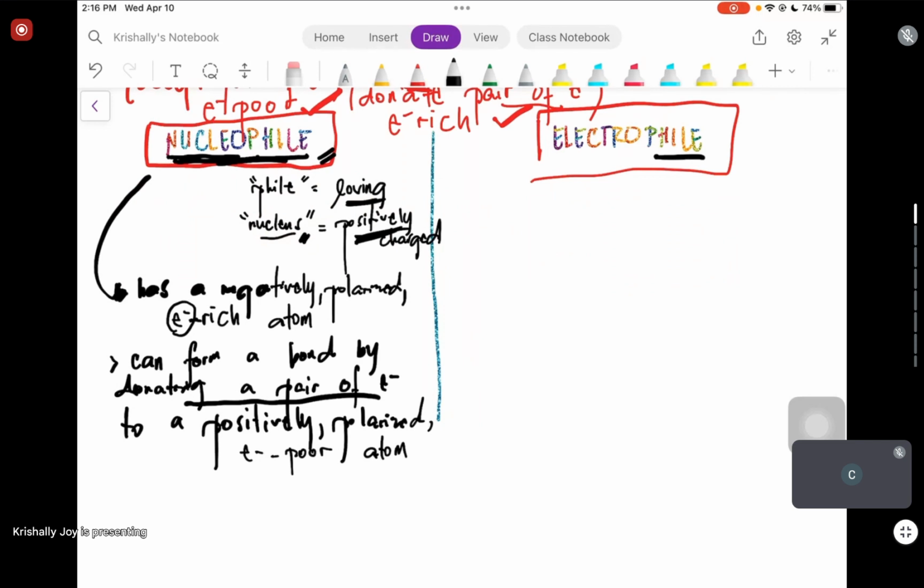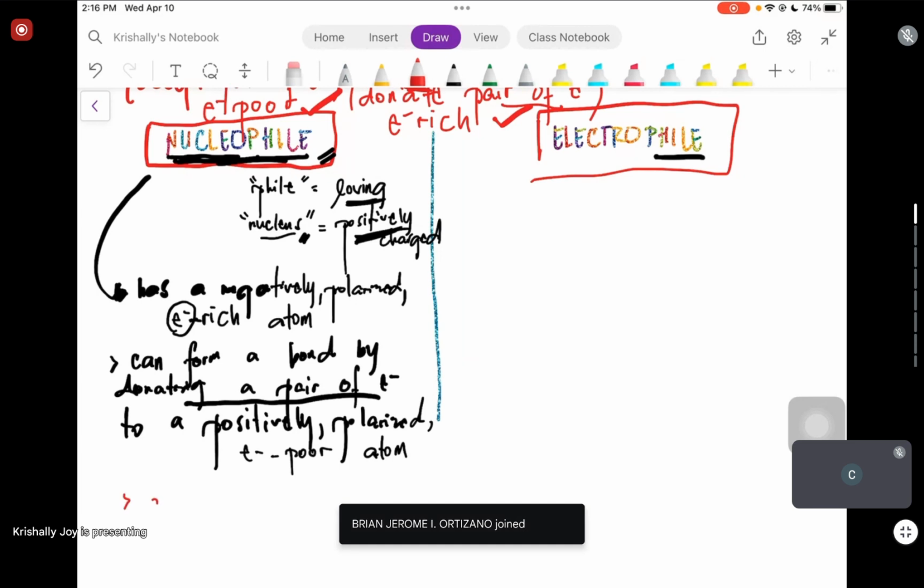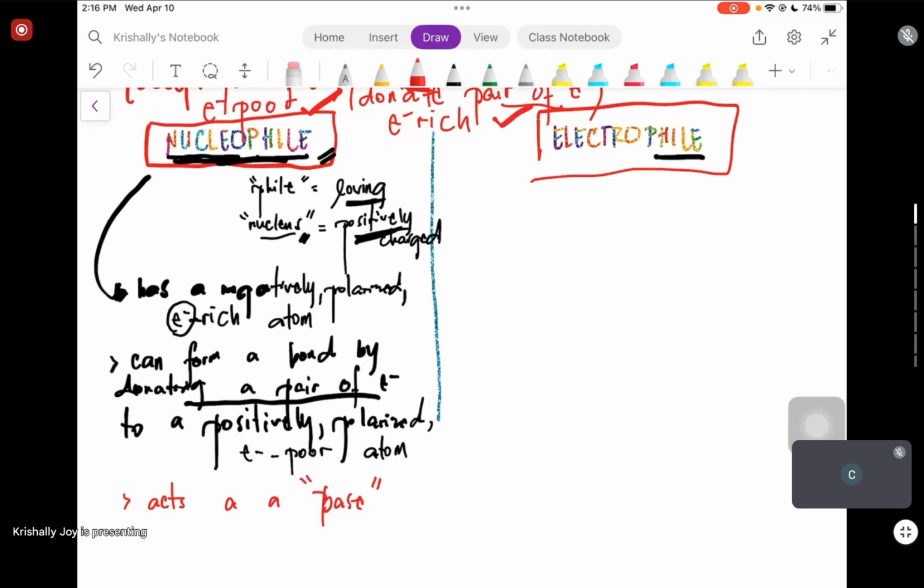Or if we try to correlate it with acid and base characteristics, a nucleophile usually acts as a base. Because if we define a base based on the Lewis definition, a Lewis base is able to donate a pair of electrons.